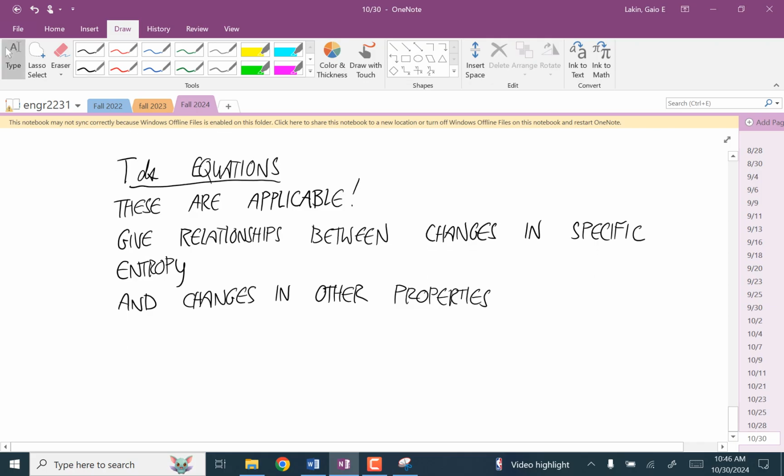And the two TdS equations are TdS is equal to dU plus PdV. And the second one is TdS is equal to dH minus VdP.